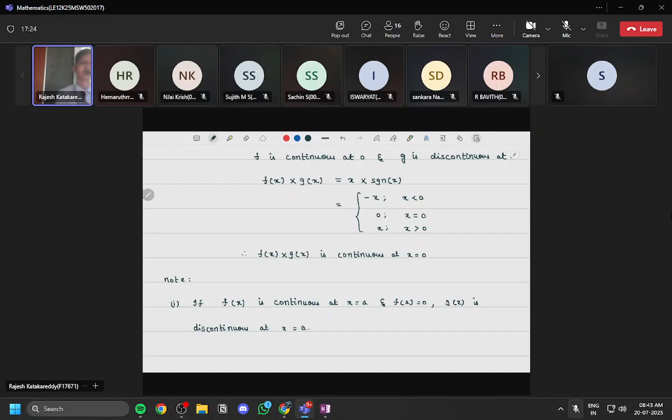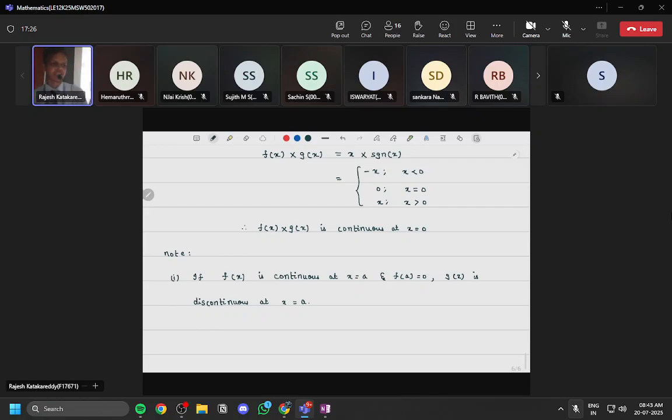So we have taken two functions in such a way. The first function is continuous, function value is 0. The second function is discontinuous. In this case, f of x into g of x will be continuous at x equal to a.